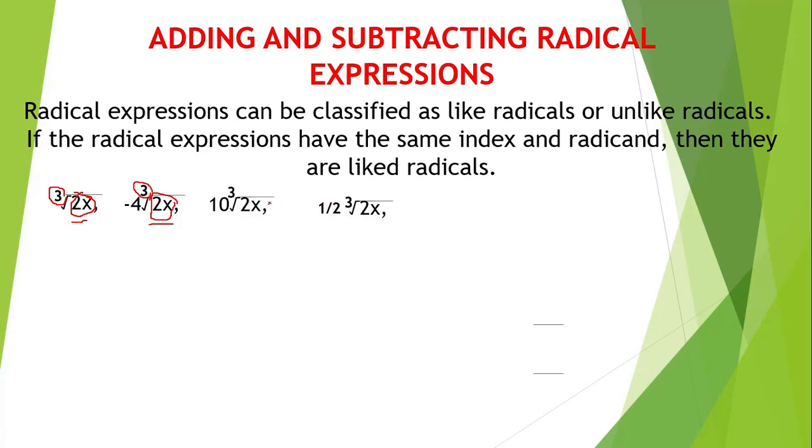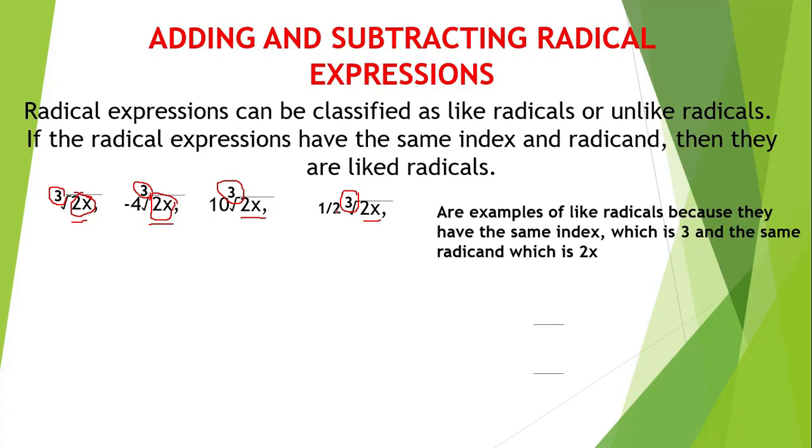Example, this one. So as you can see, magkapareho lang yung radicand and index of the radical. So they are like radicals. These are examples of like radicals because they have the same index, which is 3, and the same radicand, which is 2. So ito yung rule: a nth root of x plus b nth root of x.